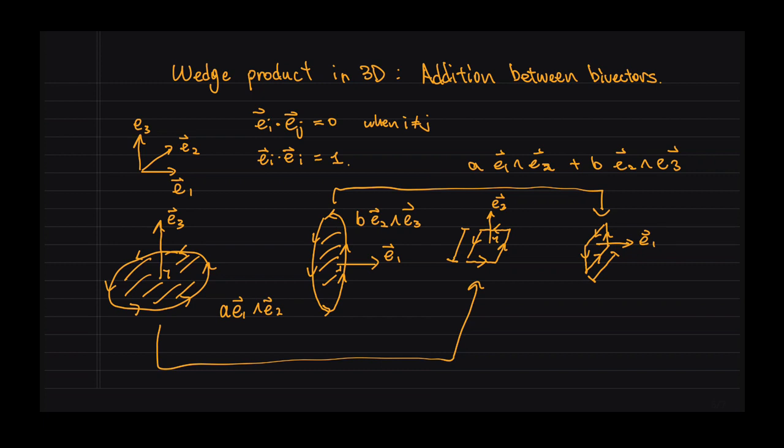So if this length and this length are the same, we can always choose them to be the same, because for this area to be A, it depends on this length and also this length, right? So we can always change this length such that they will be the same. Same with this length. Since we can deform the bivector area.